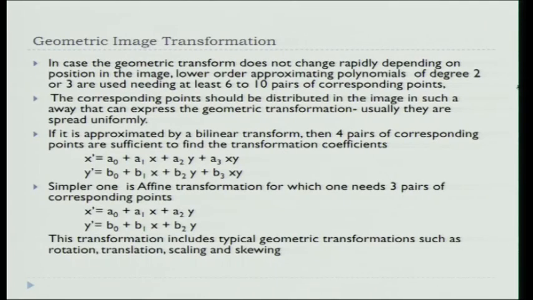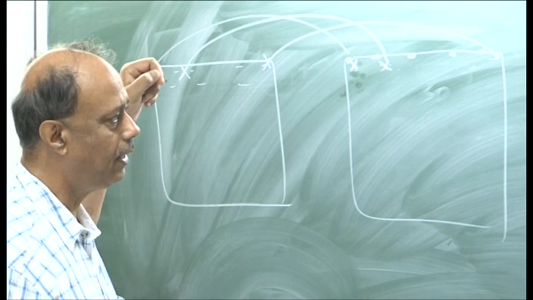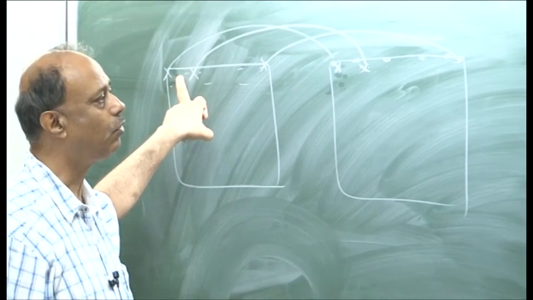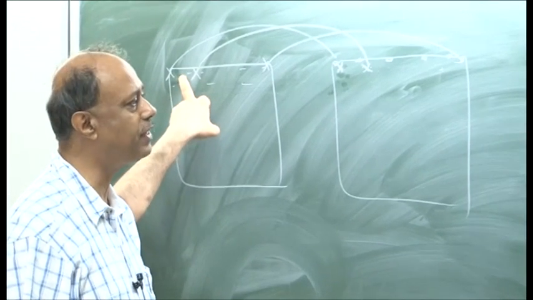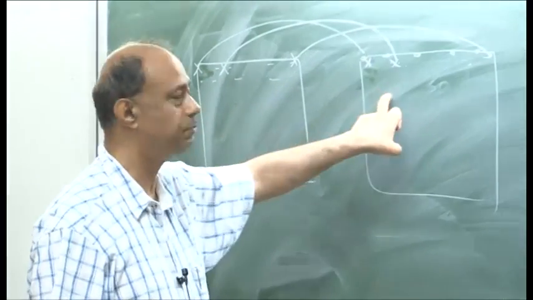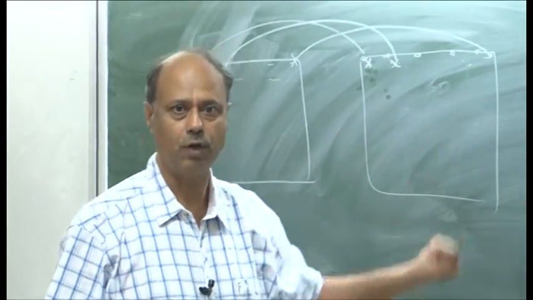Now to estimate the 4 coefficients, you need 4 coordinates of the output image. If I know the 4 coordinates of this input image, I can estimate the values of a0, a1, a2 and a3, along with this x dash, y dash and so on. Am I right?